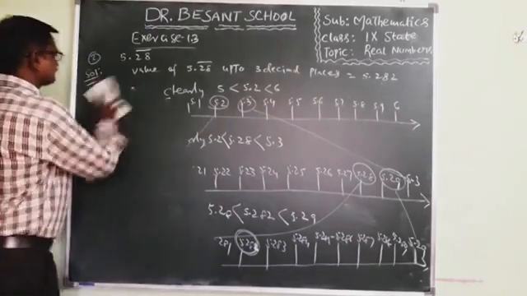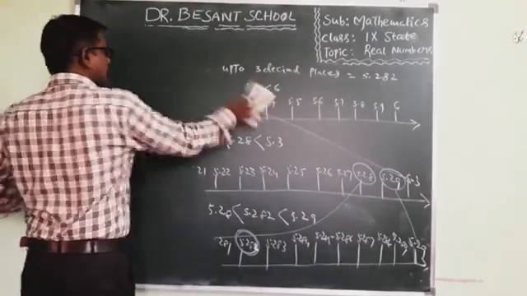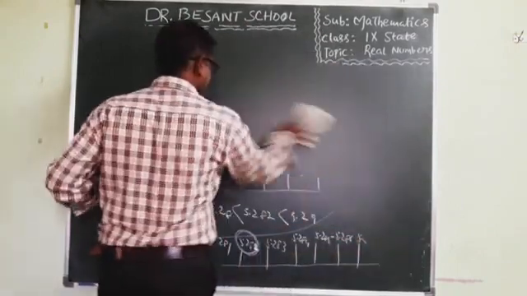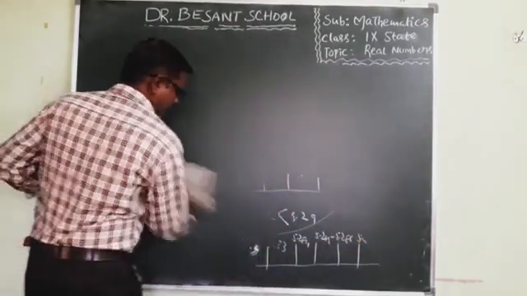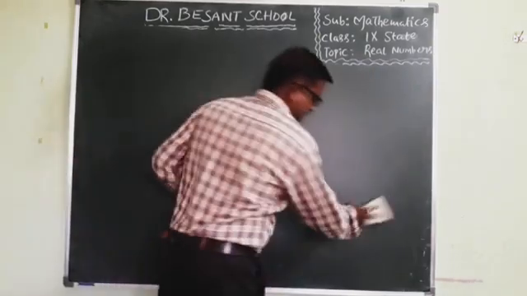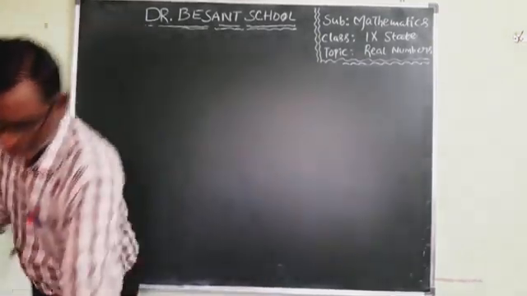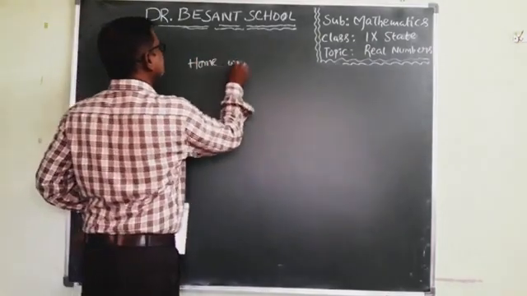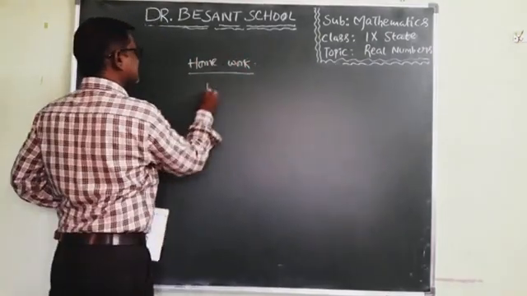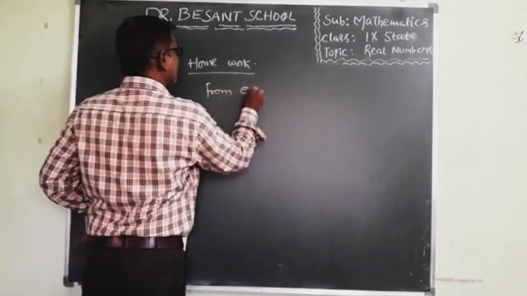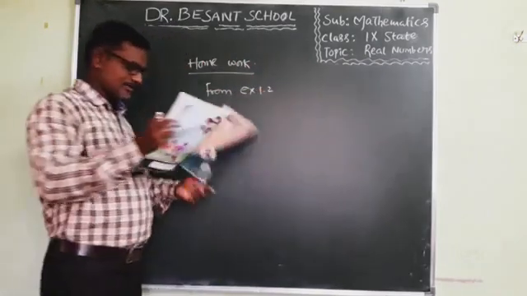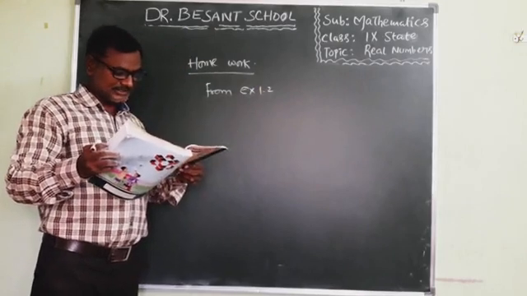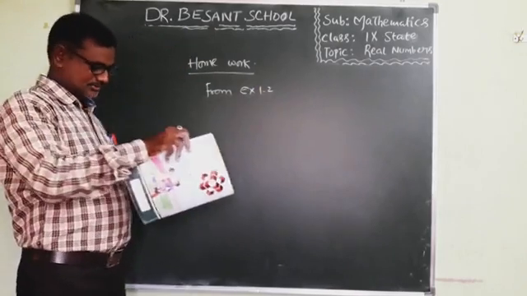Now observe. What did we complete in today's class? We completed some of the problems from exercise 1.2 and also two sums of exercise 1.3. My today's homework: from exercise 1.2, complete problems 6, 8, 9.